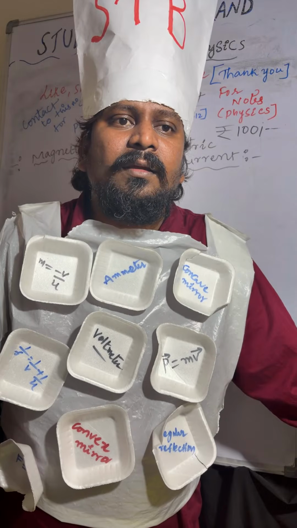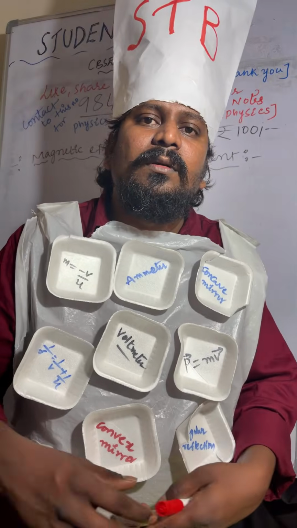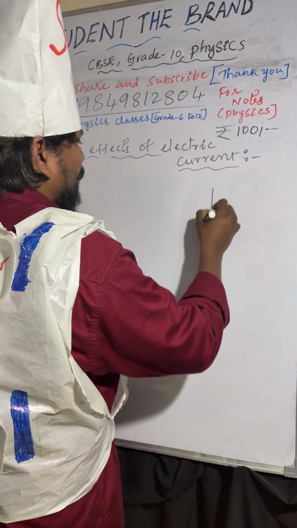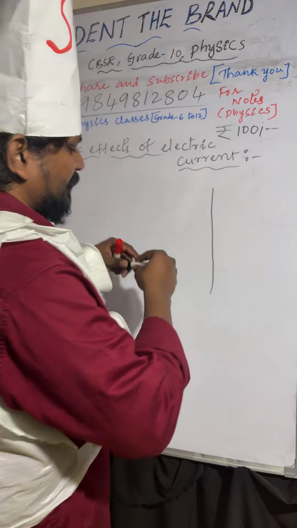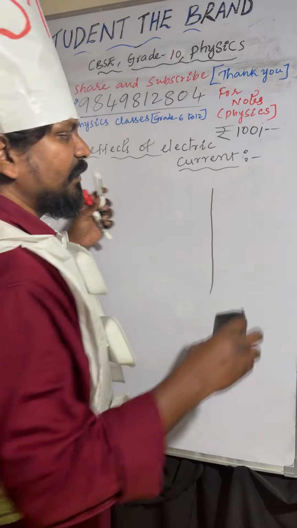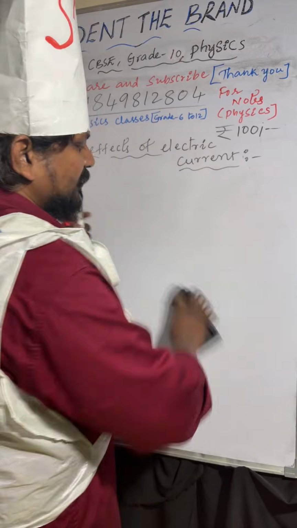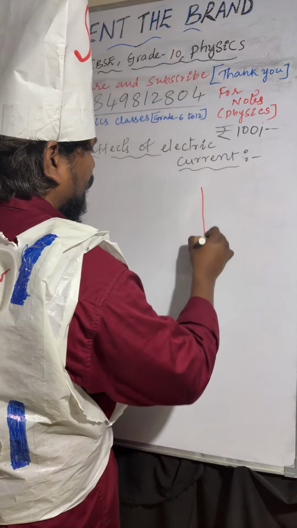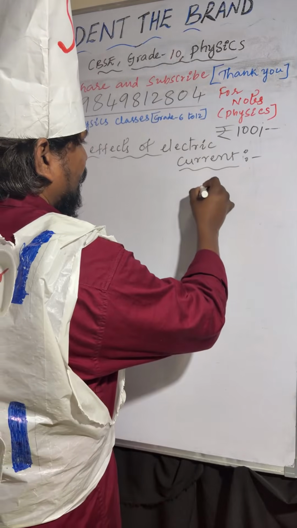Now we will discuss. I am taking a thick copper wire. Current is passing through it. This is a thick copper wire, like this.